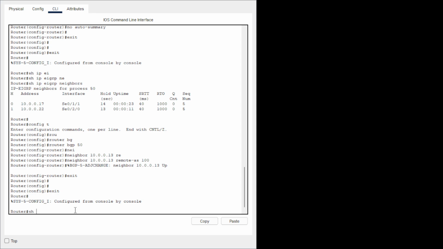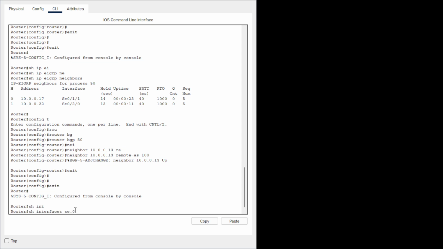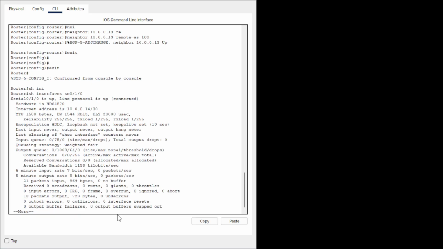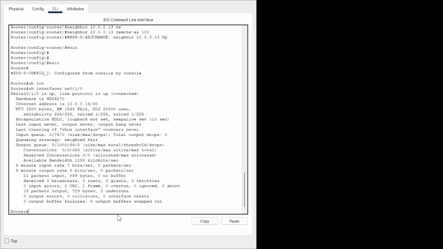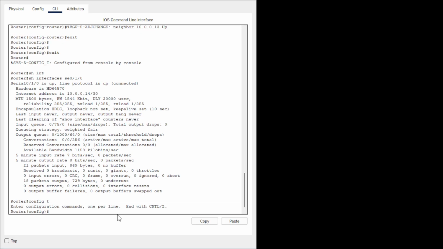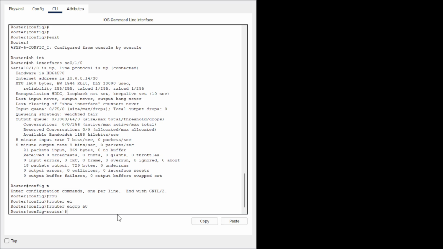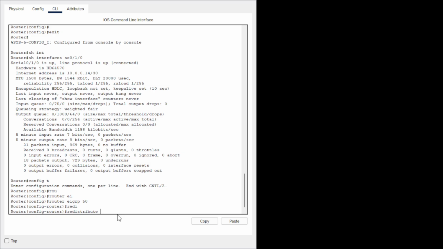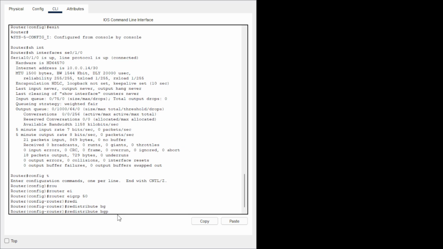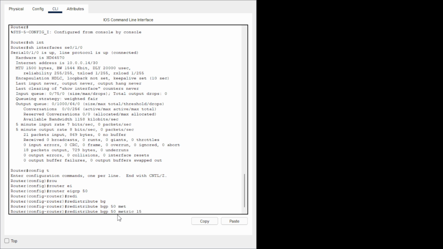Here, interface SE 0/1/0. Then config T and first router EIGRP having the ASN number of 50, and redistribute BGP 50, the metric is 1544, 2000, 255, load 1, and the MTU 1500.